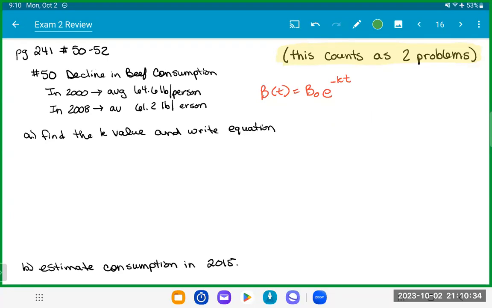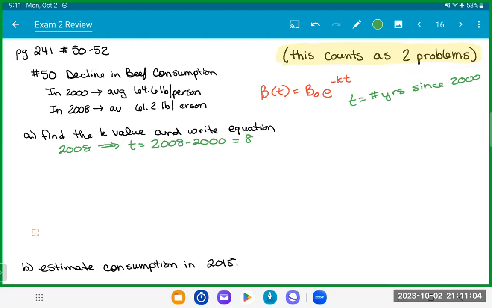And t is the number of years since 2000. Okay. So how do we put this? So basically, we would say that 2008 gives me t equals 2008 minus 2000. So t is equal to 8.